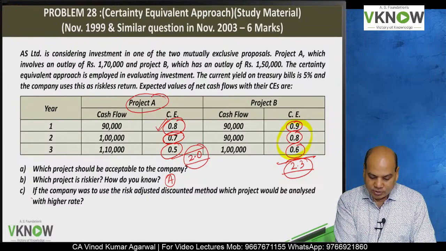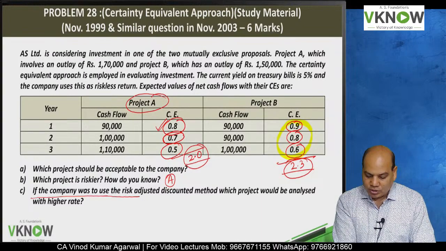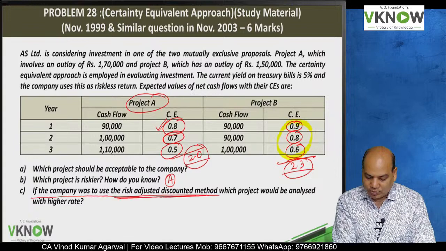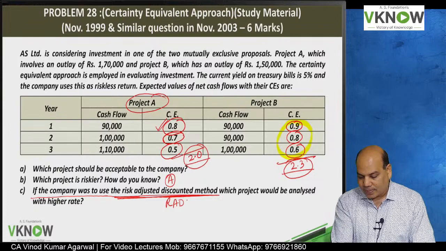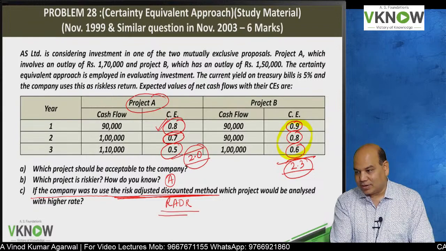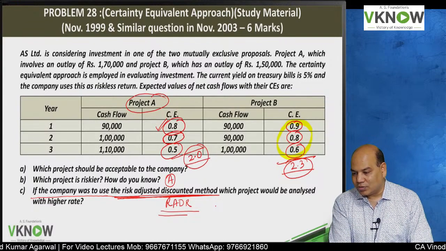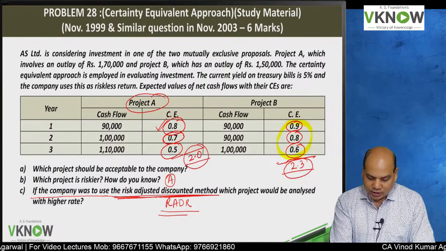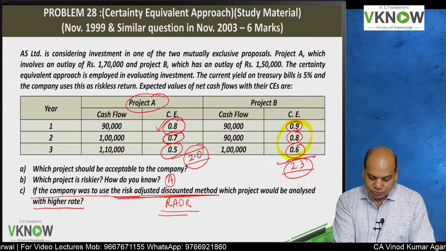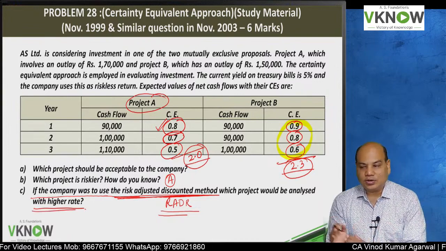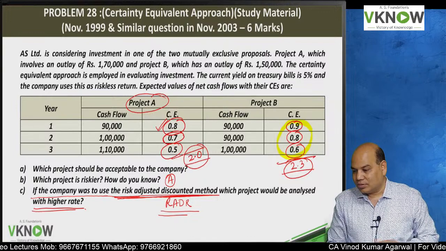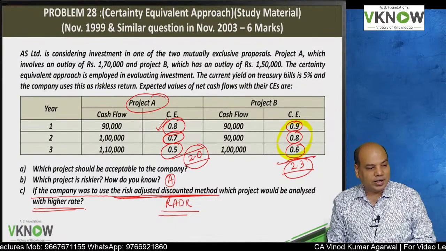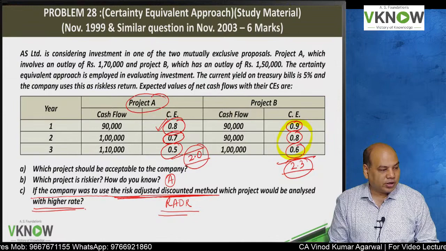Point number C, if the company was to use risk adjusted discounted method, RADR, instead of using CC method, which project would be analyzed with higher rate? If you have to use RADR method, which project will be analyzed with higher rate?